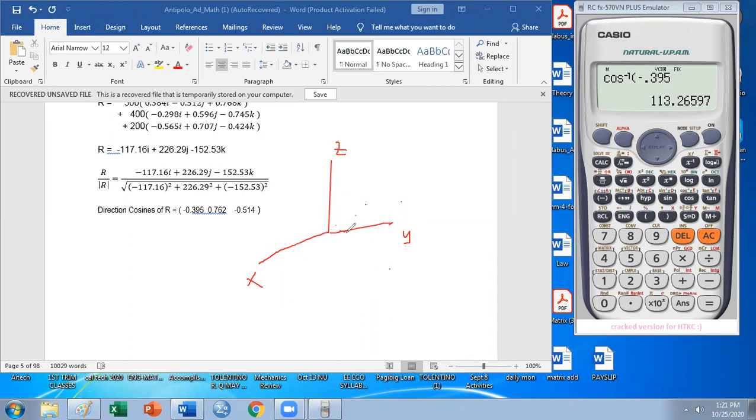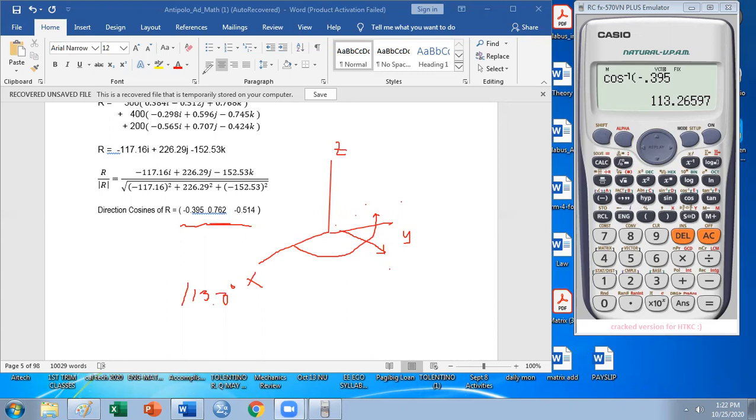So this is the pointing of the direction of your forces. And these are just angles. But this is 113.3 degrees. What does that mean? Your x-axis rotates 113 degrees there. Then the 0.762, take its inverse cosine.